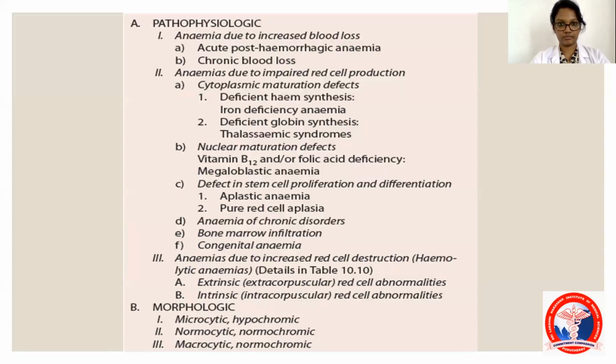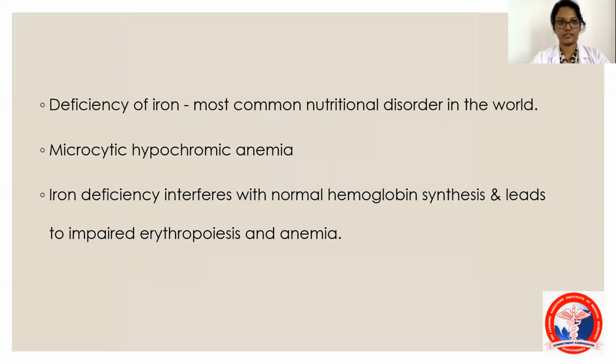So the case which we are discussing today, iron deficiency anemia, is due to impaired red cell production, and that too a cytoplasmic maturation defect, where there is deficient heme synthesis. This deficiency of iron is the most common nutritional disorder in the world. The prevalence of iron deficiency anemia is very common in developing countries like India.